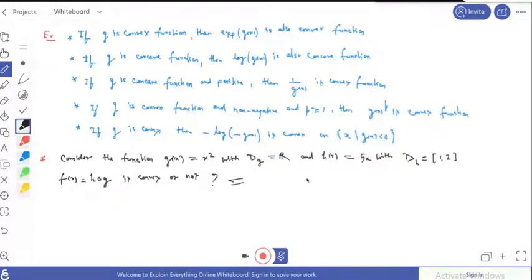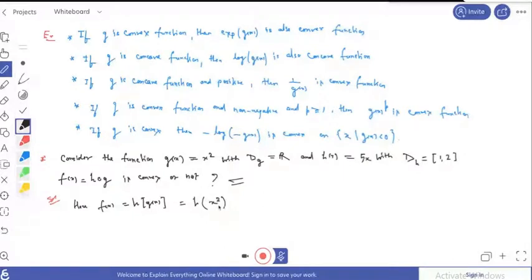If we find the solution here, fx is basically h of gx. So this equals h of x square, since gx is x square.